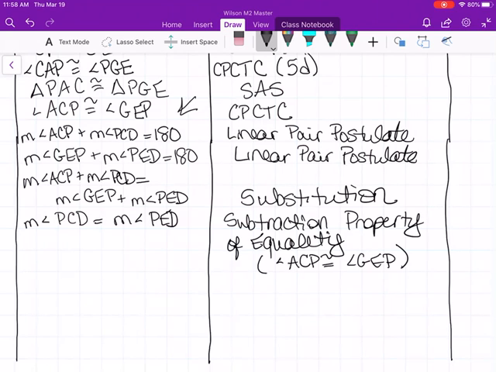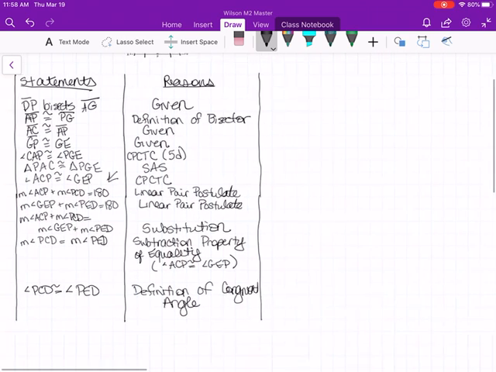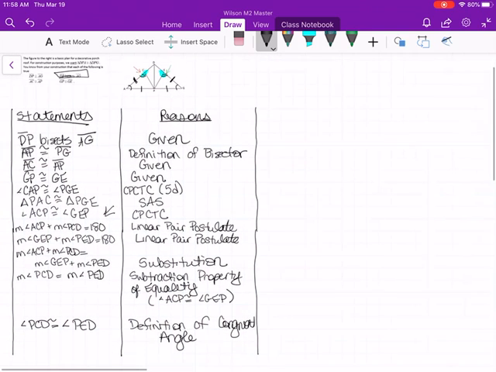We want it to actually say these angles are congruent. So because of what congruent angles are, we can say angle PCD is congruent to angle PED, and this is because of the definition of congruent angles. And now, ta-da! We have finally gotten it to say what we want, and our proof is complete.